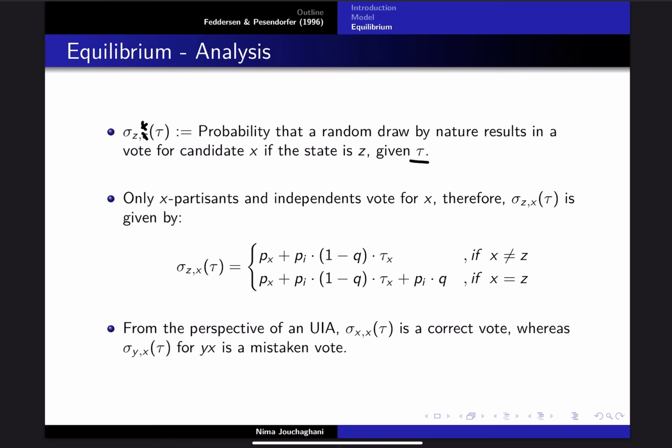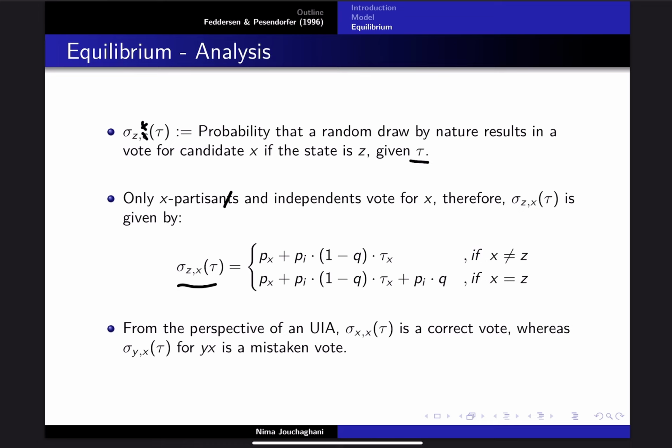Now, for a particular candidate X, only X partisans and independents vote for X. Partisans of candidates other than X do not vote for him. So the only ones are X partisans and the independents who could vote for X. Therefore, we can explicitly write down this probability.